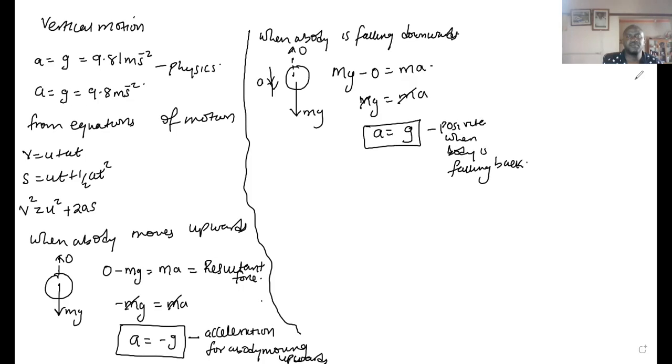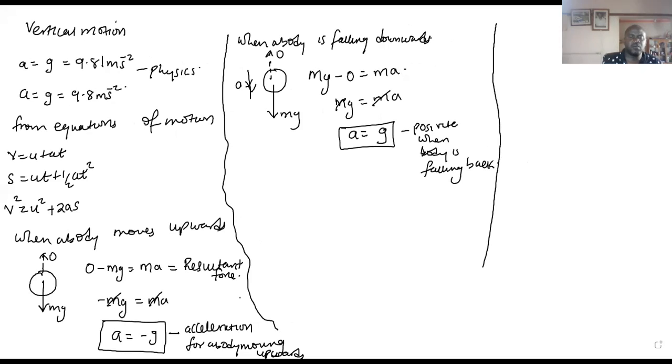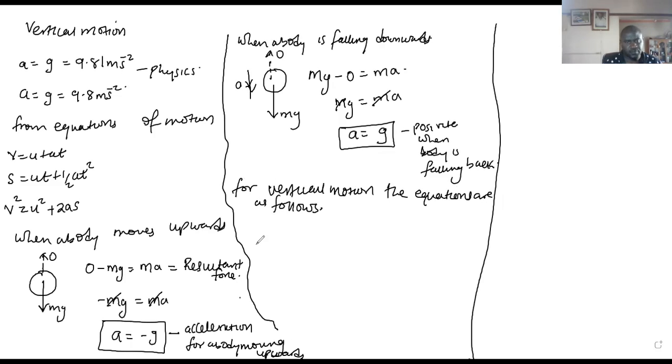Furthermore, having realized vertical falls and risings, we can now state the equations of motion for a body that is moving under gravity. So for vertical motion, the equations are as follows. v is equal to u plus at.